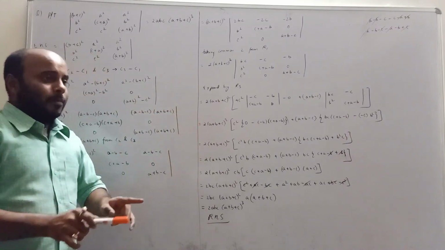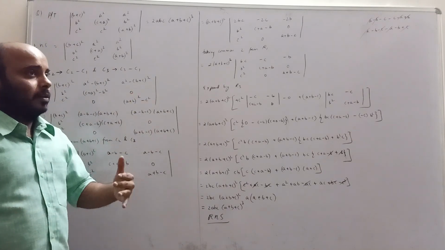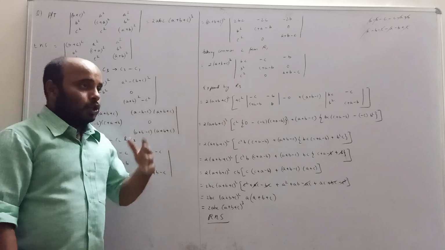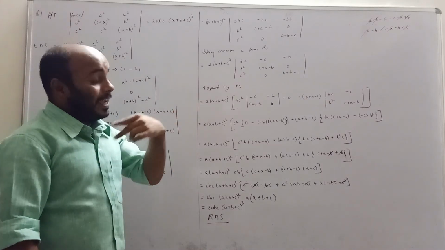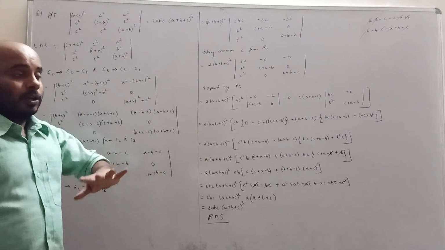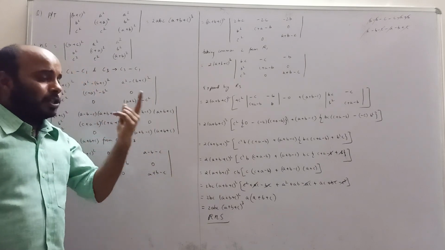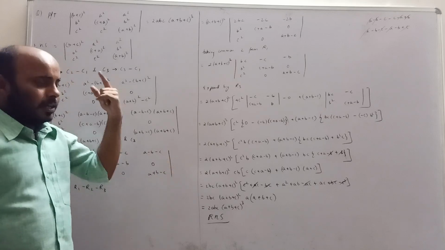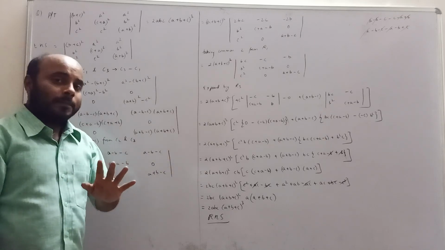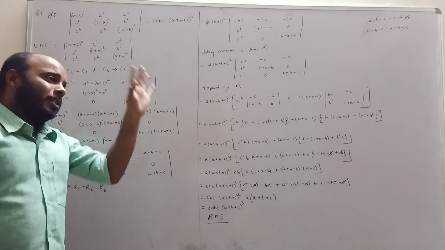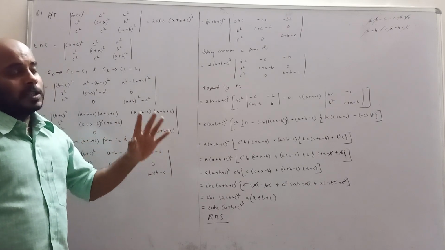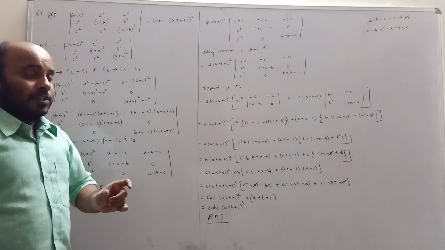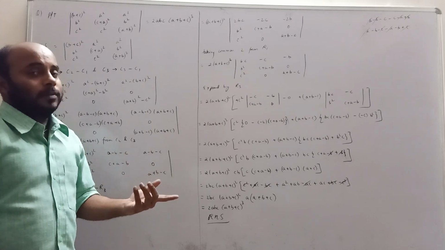The main aim of doing any question under type 1, using properties prove that, is to make 2 zeros in any way in the whole determinant, not in any one row. It's not mandatory that you should have 2 zeros in any one row or any one column. You can make 2 zeros anywhere in the whole determinant, and then you simplify the rest of the terms using the properties, using the operations we studied, and then you expand the determinant.